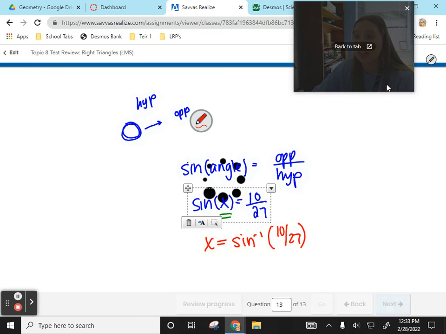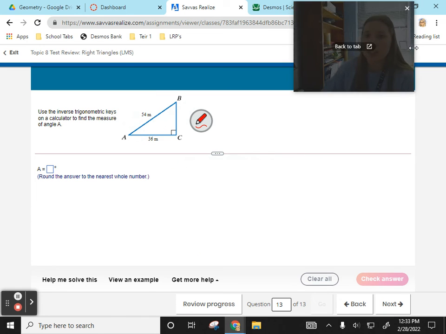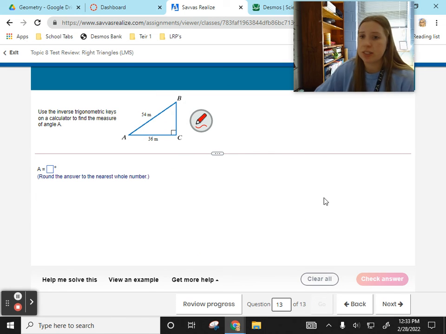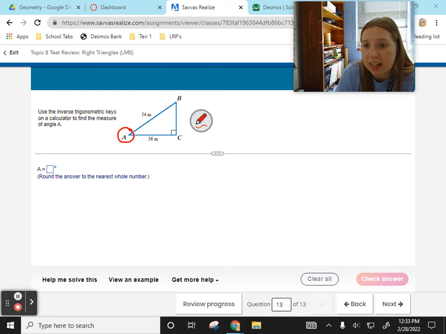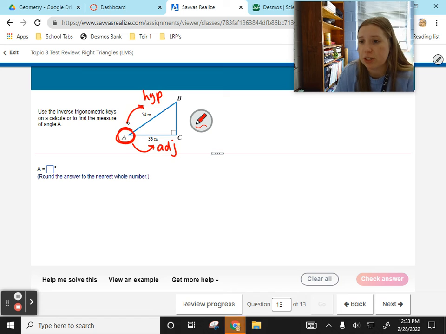Awesome. And our last problem here. Use the inverse trigonometric keys on your calculator to find the measure of angle A. We've got here our adjacent, here our hypotenuse. Which function relates the hypotenuse and the adjacent together? It is cosine.